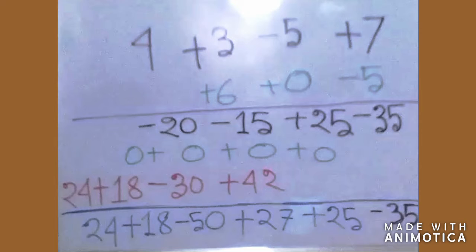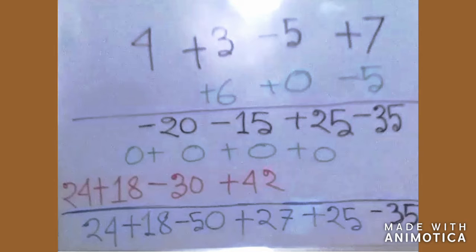See, I have written 6 under 3, not 4, not 5, because here 6 is the coefficient of x square and 3 is also the coefficient of x square. That's why I have written both coefficients in the same column.